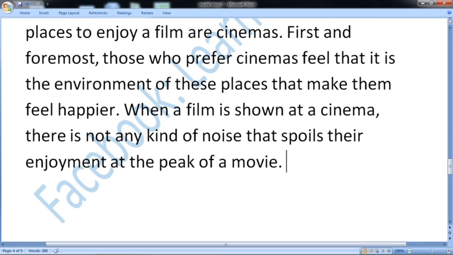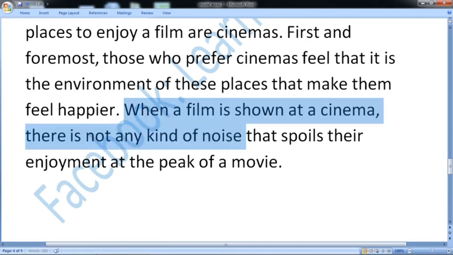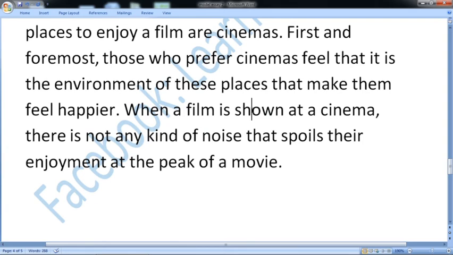There is not any kind of noise, and there is no chance of spoiling their enjoyment. So there is not any kind of noise that spoils their enjoyment at the peak of a movie. So I have used a complex sentence. This one is a dependent clause, this is an independent clause. So I have used a complex sentence with the word when, a transition signal, when.